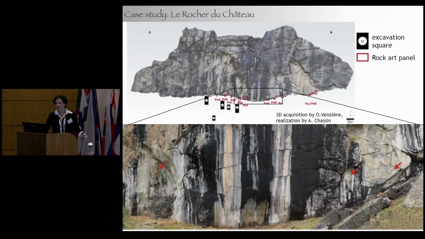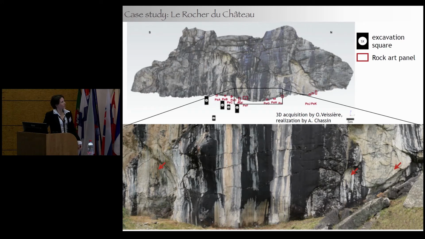The paints are developed over about 80 meters at the bottom of the cliff of this huge block, and there are several excavation squares realized by Eric Thirault at the beginning of the 2000s.